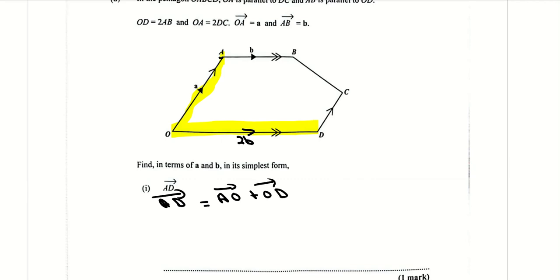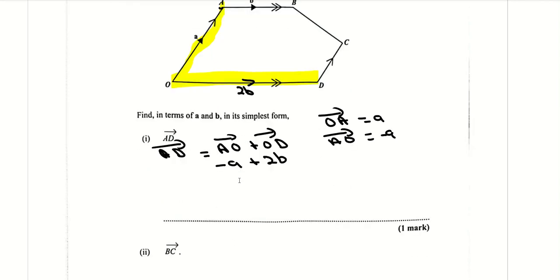Do we know what AO is? We know OA is equal to A, but we're going in the opposite direction, so AO would be negative A. So this would be negative A plus OD, which is 2B. And that would be the answer for this question.